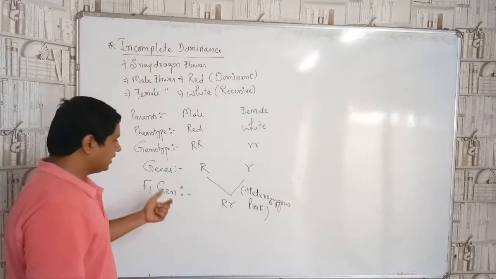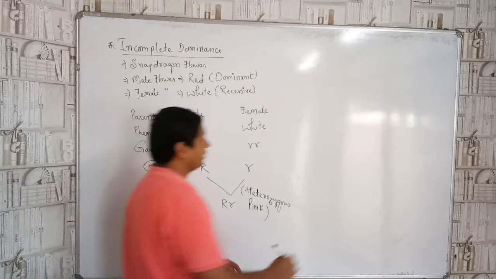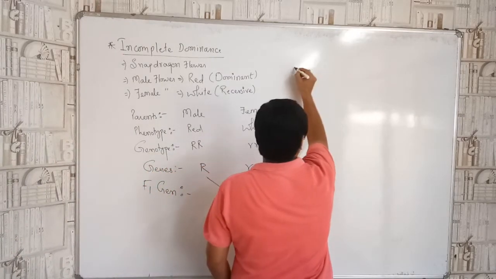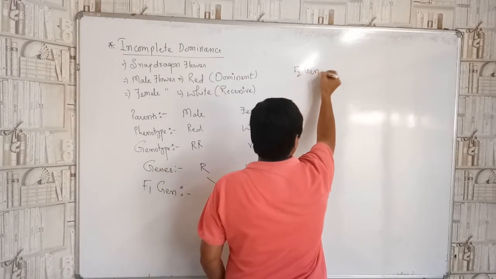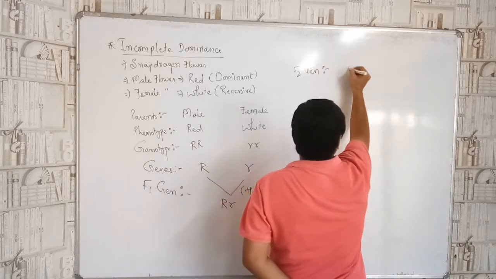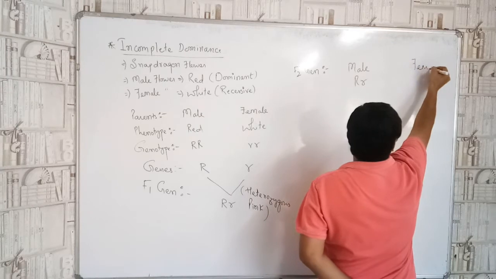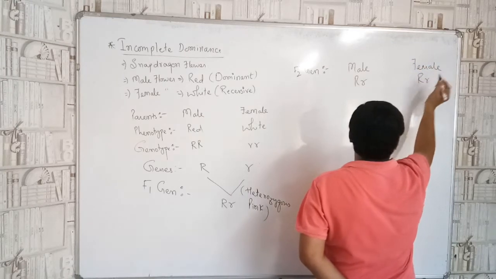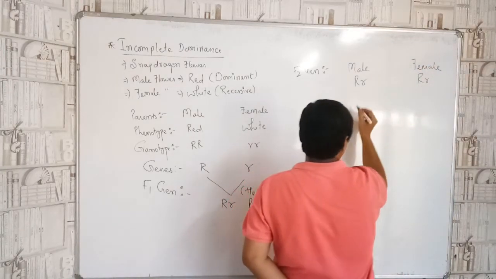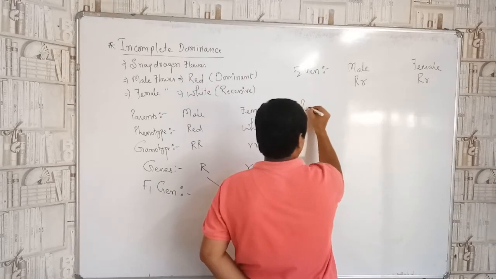Now let us calculate the F2 generation phenotype and genotype. So that is the F2 generation, male Rr and female Rr. Let us crisscross. So what happens over here? We will make the Punnett square.